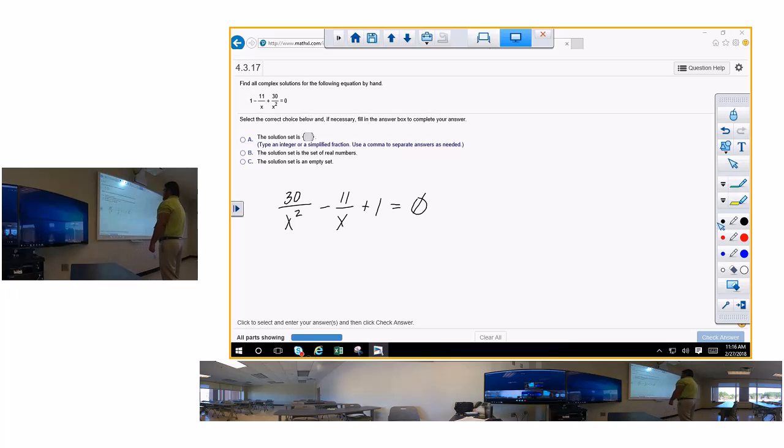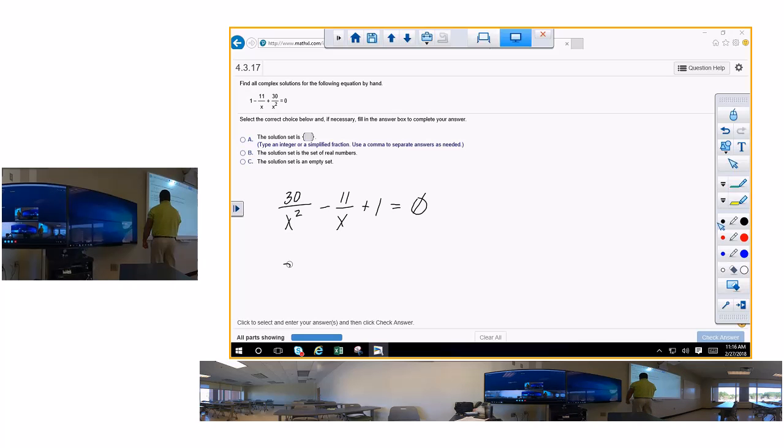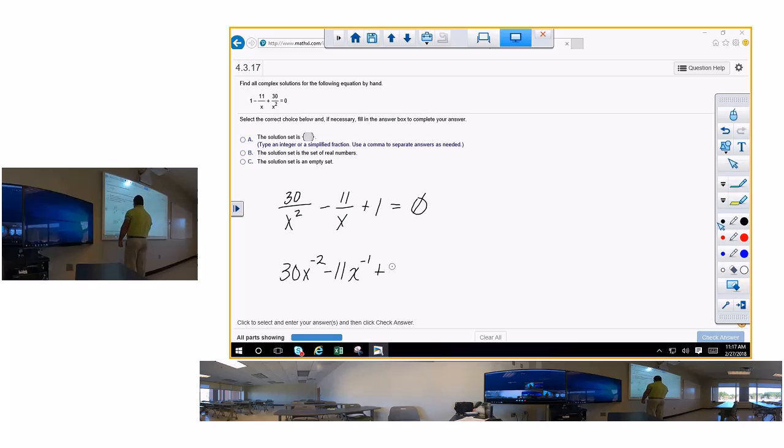Another thing I'm going to do is rewrite it and say 30x to the -2 minus 11x to the -1 plus 1 is equal to 0.